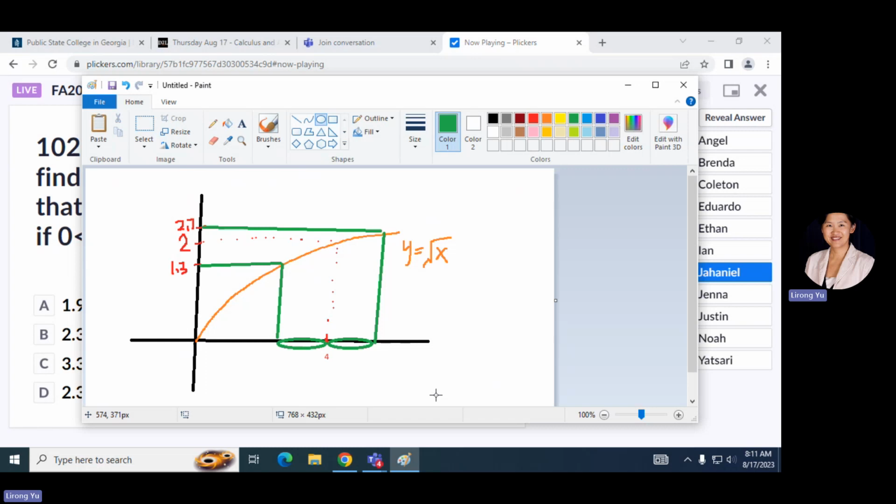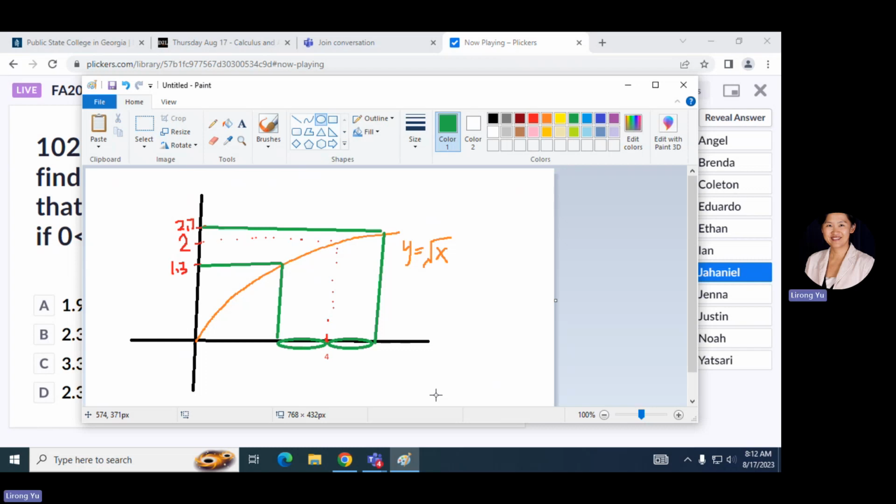All right, what do we do next? We square all three. You square this, you get x, you square that, you get 2.7 squared, and here you square, you get 1.3 squared. Then we compare what we have now to what we wanted to have.